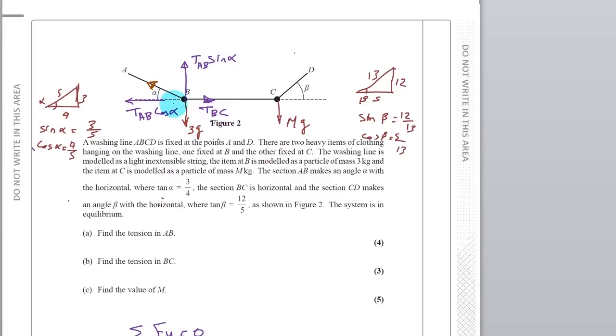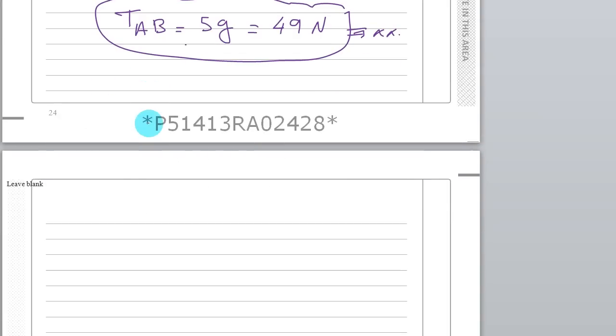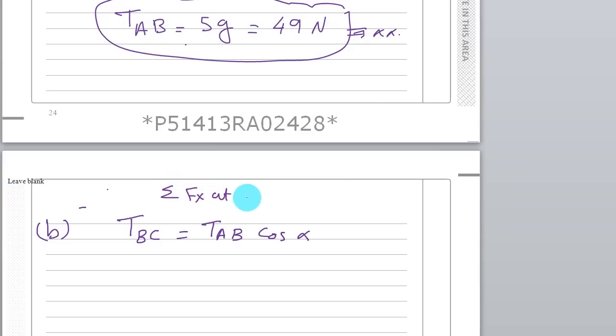Again, sigma F_x equal to 0, so T_BC is equal to T_AB cosine alpha. So this is B. T_BC is equal to T_AB cosine alpha. Sigma F_x at B equal to 0.